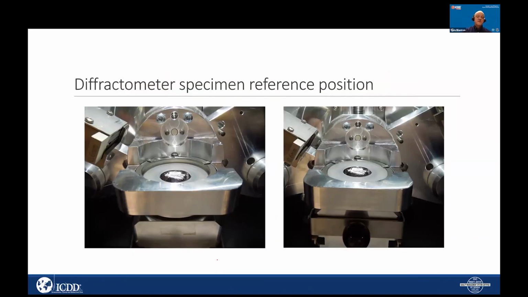So an example here, just something to consider, and every instrument's a little different, but as one example, here is a sample stage in a diffractometer. So the way it works is that the specimen is put in the stage and you push it up into position, and there are little pins and one hidden back here that the sample holder presses up against.